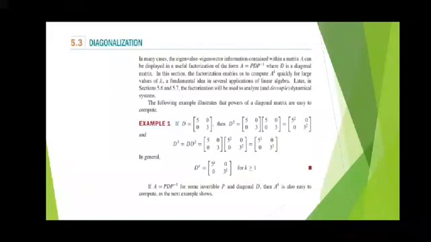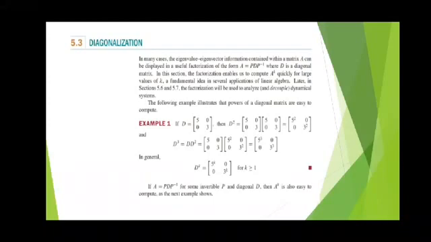Here we see one example. If D is equal to [5 0; 0 3], then what is D square? D square means D into D, that is [5 0; 0 3] into [5 0; 0 3]. We use matrix multiplication. First row, first column: 5 into 5, 5 square, plus 0 into 0, 0, so it is 5 square.